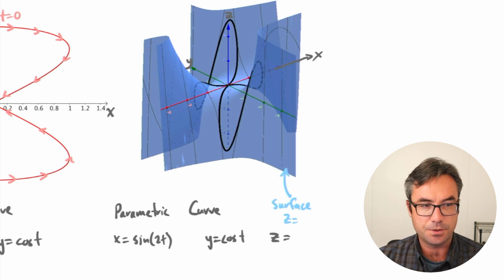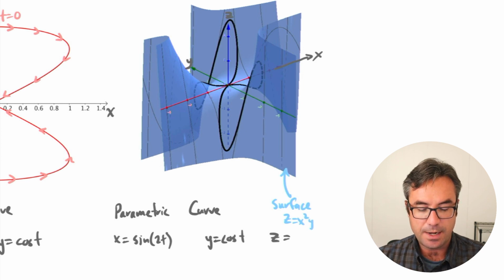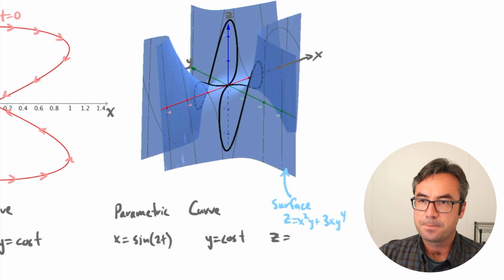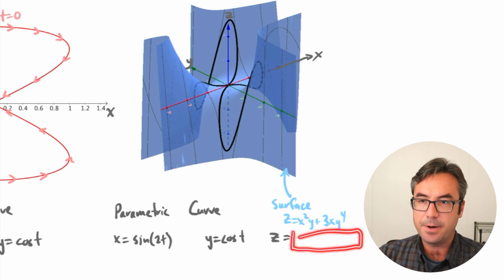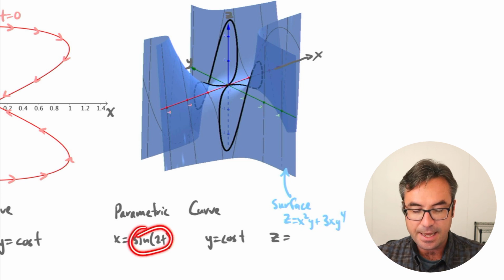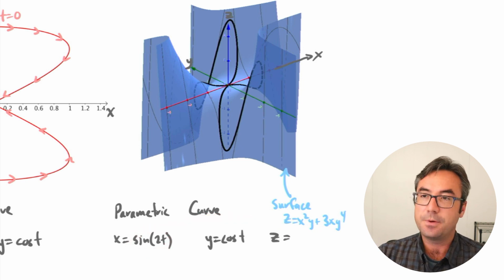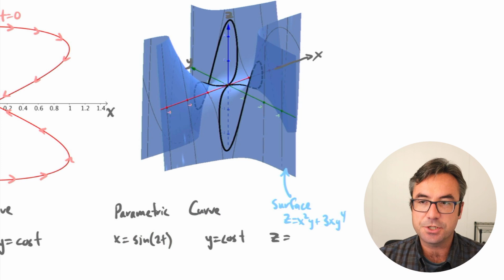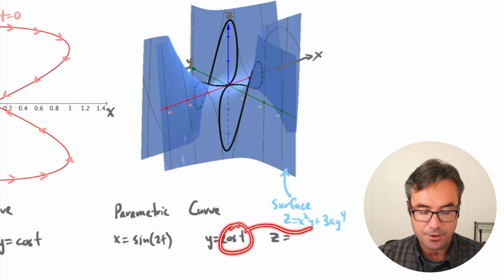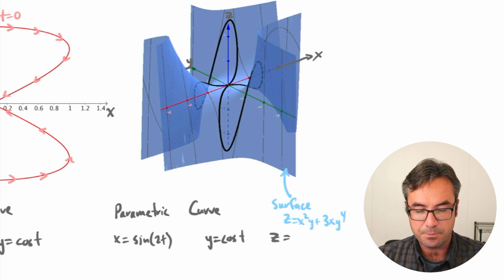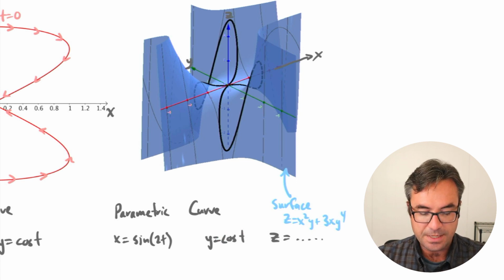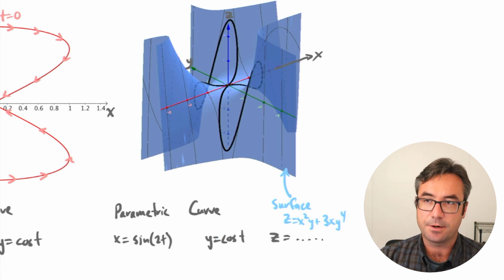It was z equal to x squared y plus 3x y to the 4th. And we could find the z part of our parametric curve by taking x, plugging it into our z equation, and taking the y value and plugging it into our z equation. So I won't write that out, but that's how we'd get our z component here.